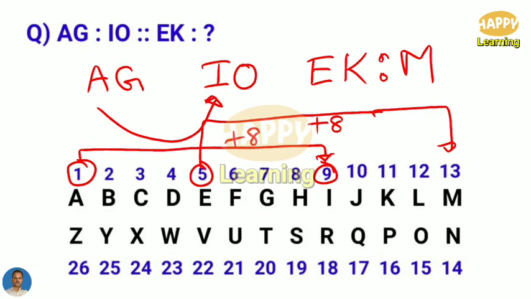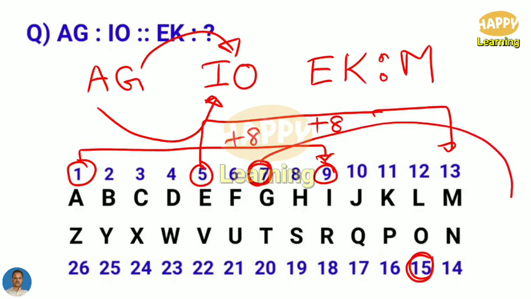Then what is the relation between G and O? G code is 7 and O code is 15. From 7 to 15, plus 8 is done. So where is K? K is here.